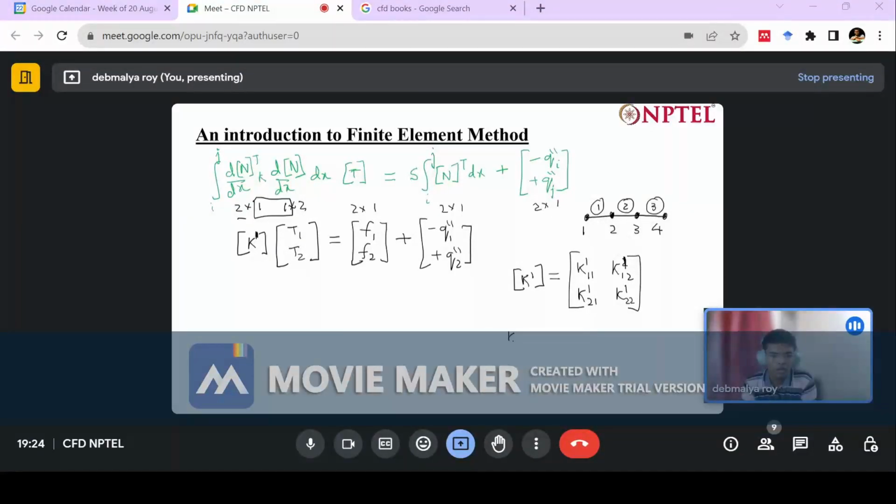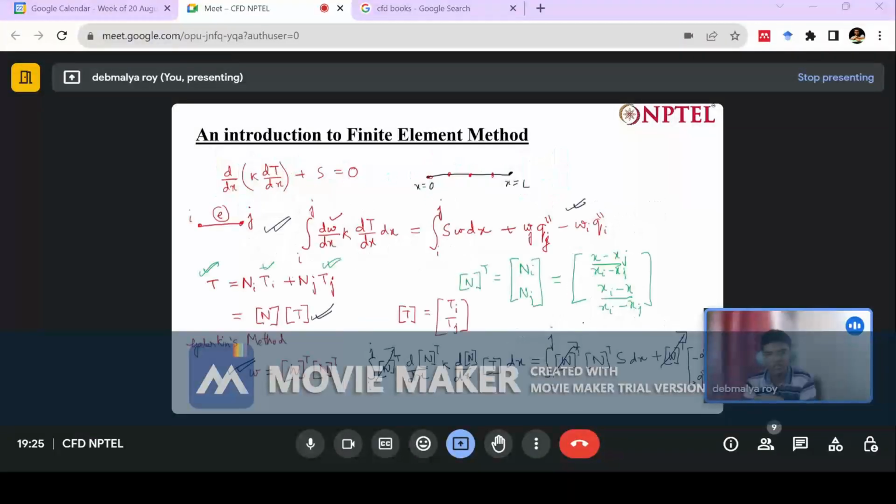What will be K1 1 1? This will be nothing but, so point 1 to 2. So this is node points, node point 1 to 2. This will be d dx of n1 and d dx of n1. So this you can find out. How?